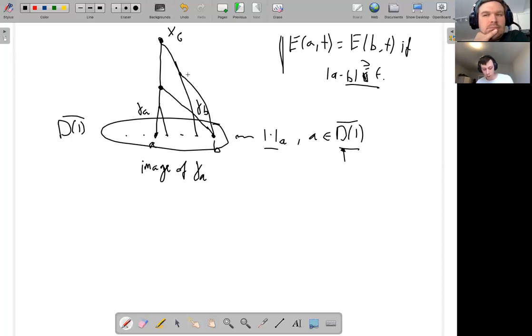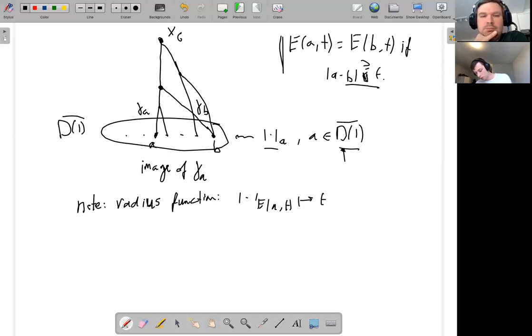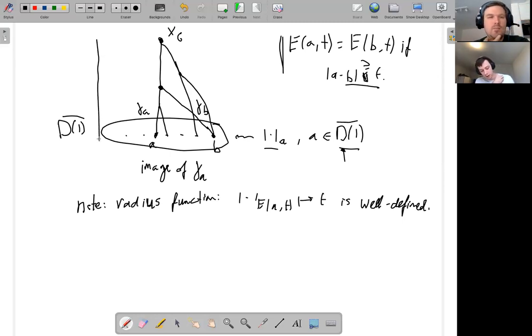So one thing that is also important to note is that the radius function, which maps something of this form, A, T, to T, is well defined. So you can think of this as something that keeps track of a radius.